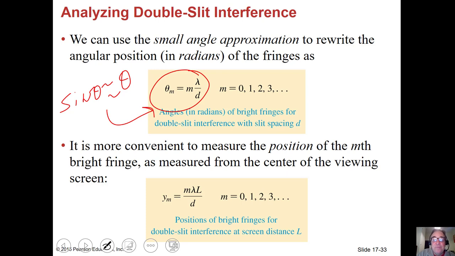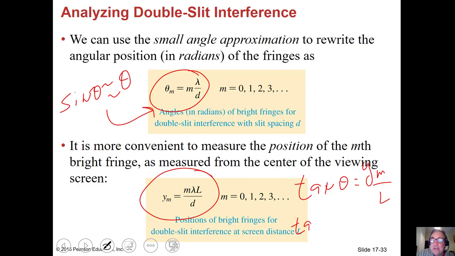You can do the same thing with the small angle approximation when you look at just the trigonometry part, and you can get the tangent of theta part. From what we saw before, remember this was y over L, and in the small angle approximation, the tangent of theta is about equal to theta. So theta turns out to be y sub m over L.